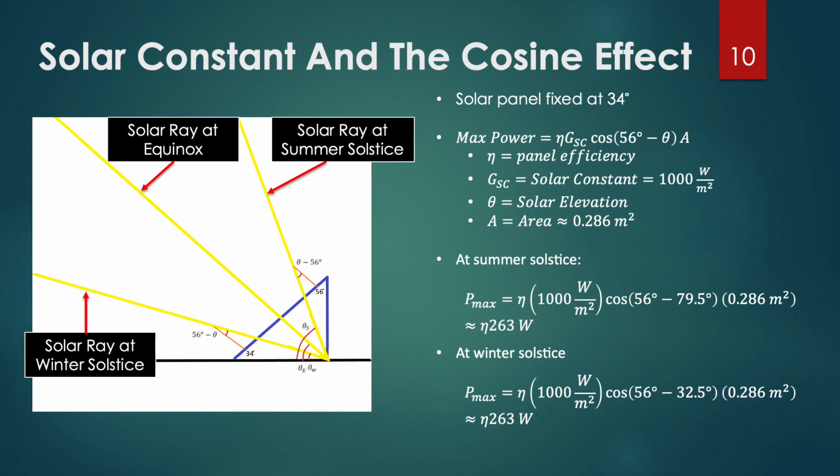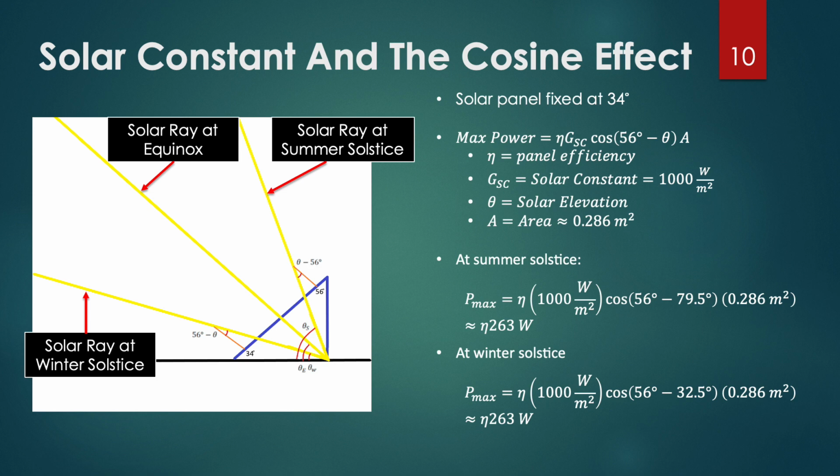So now that we have an idea of how the sun travels through our sky, and we know its elevations at different times, I want to talk about the solar constant and the cosine effect. What the solar constant is, is a flux density of the solar radiation per unit area.